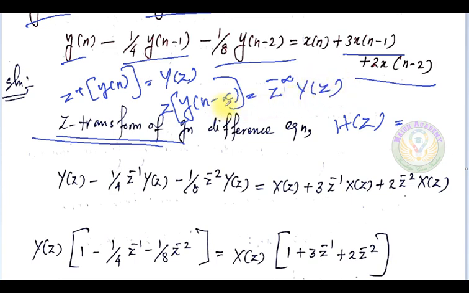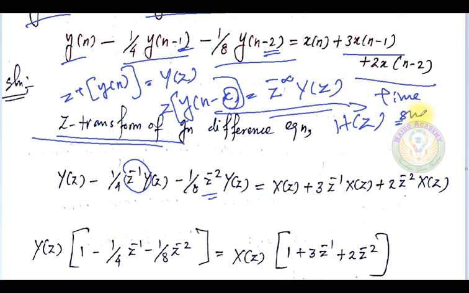Here instead of alpha you have 1, so it is z power minus 1 y of z. Here instead of alpha you have 2, so it is z power minus 2 y of z. Because of the time shifting property of z transform, using that property we are going to find the z transform of the given difference equation.